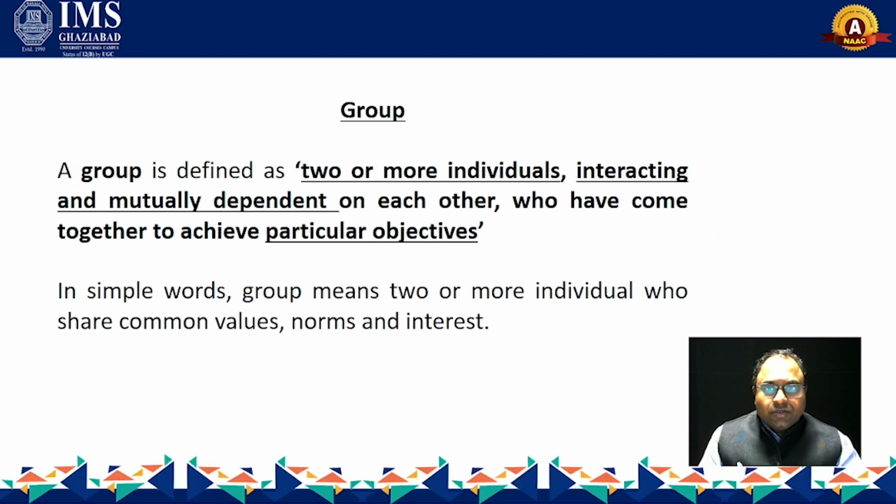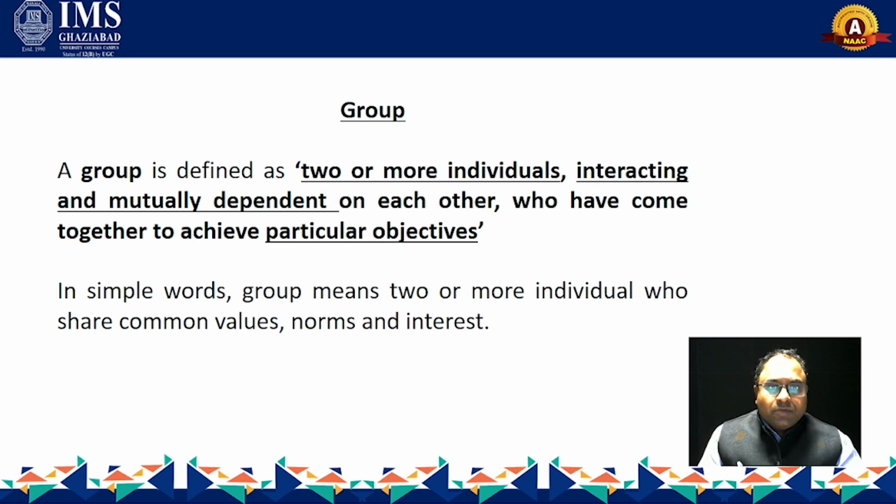cohesiveness. So first of all, we will try to understand what a group is. See, in a group we see two or more individuals interacting and having mutual dependencies on each other, and they have a particular objective. We will call this kind of structure a group within the organization.